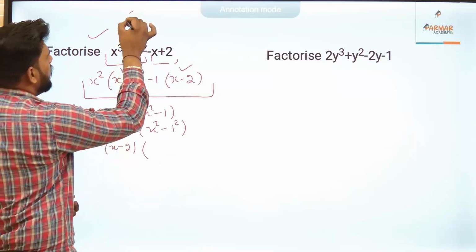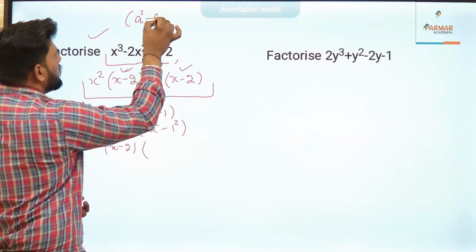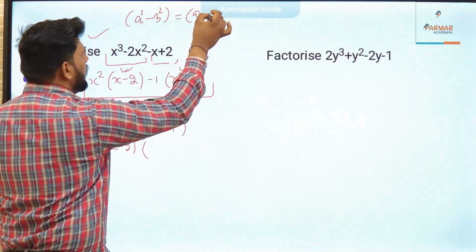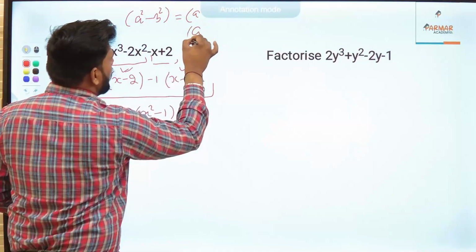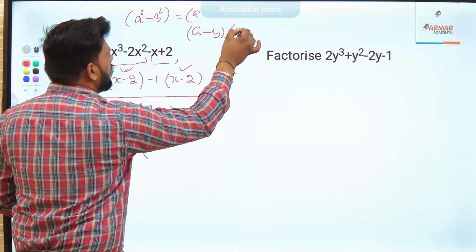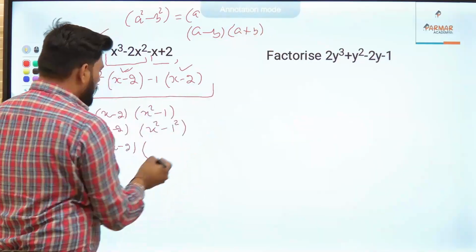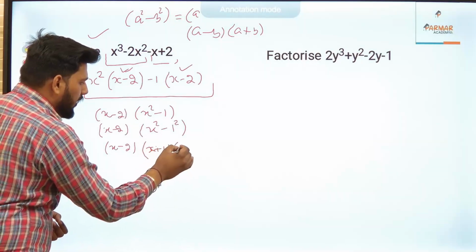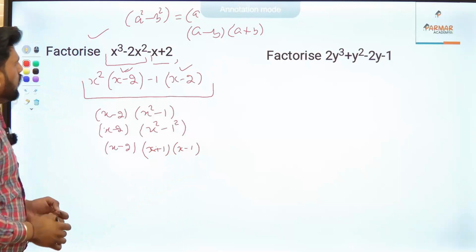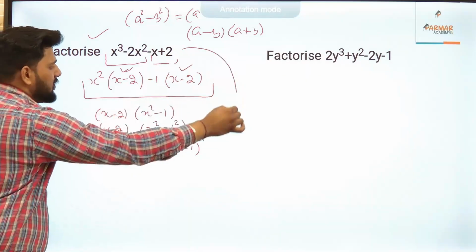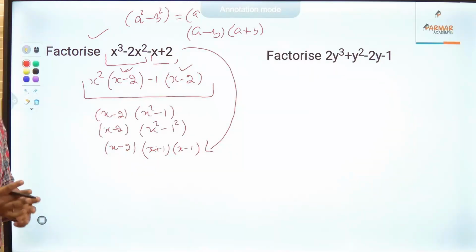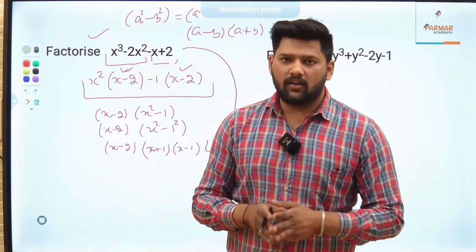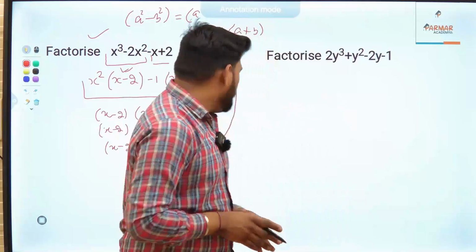This is the identity of a square minus b square, that is equal to a minus b into a plus b. So similarly, this splits into x plus 1 into x minus 1. So this 3-degree polynomial has 3 factors. The first factor is x minus 2, the second is x plus 1, and the third one is x minus 1.